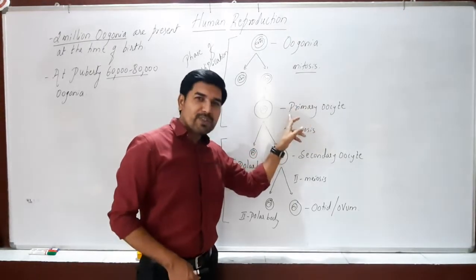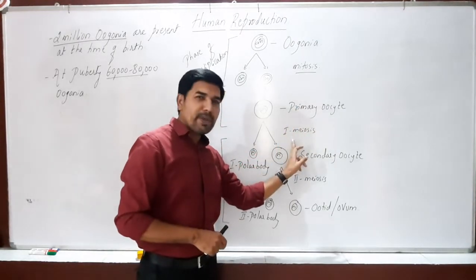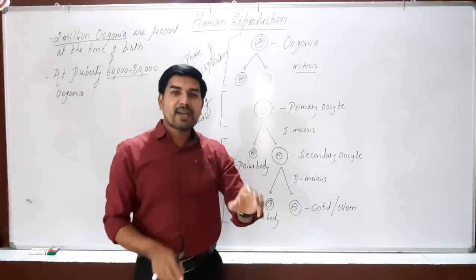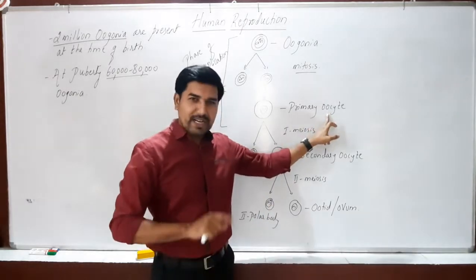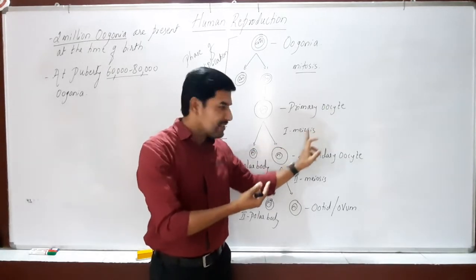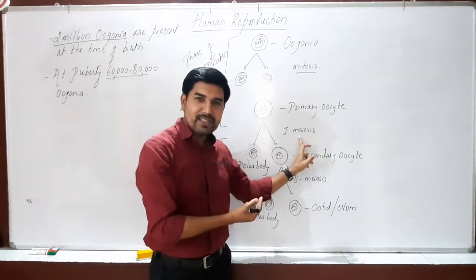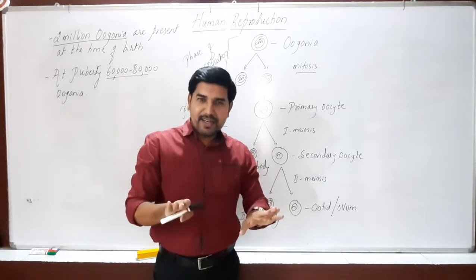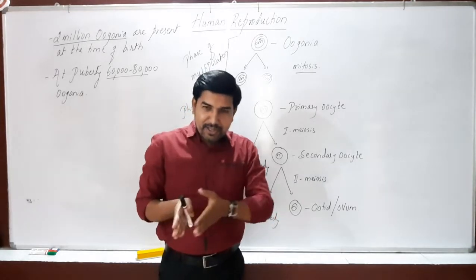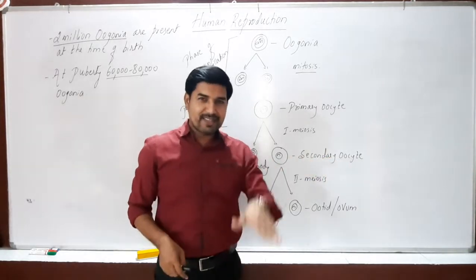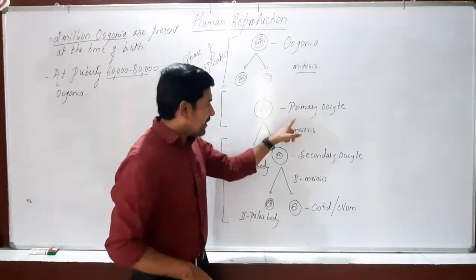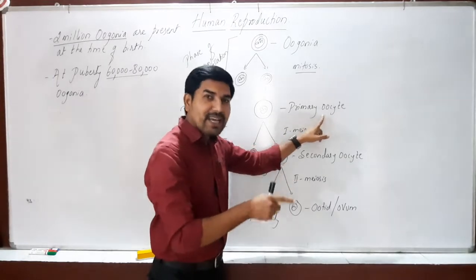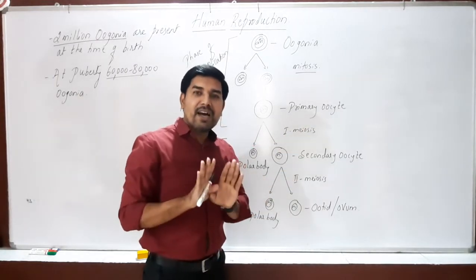The primary oocyte, when it undergoes meiosis, gets arrested in that phase only. So when the primary oocyte enters into meiosis, it gets arrested during the growth of the baby from childhood to adulthood. Adulthood meaning the pubertal phase. The primary oocyte undergoes meiosis and gets temporarily arrested.